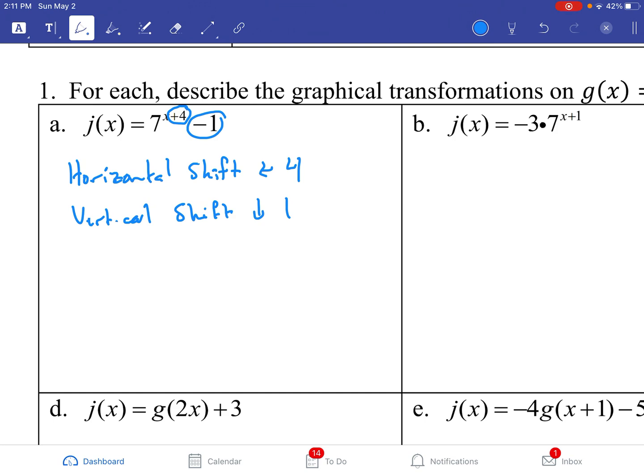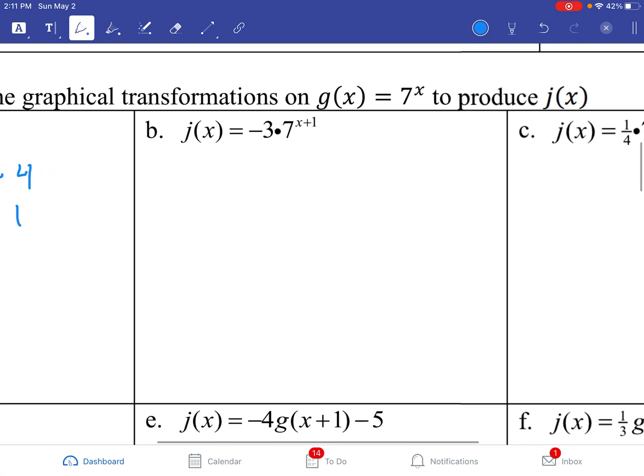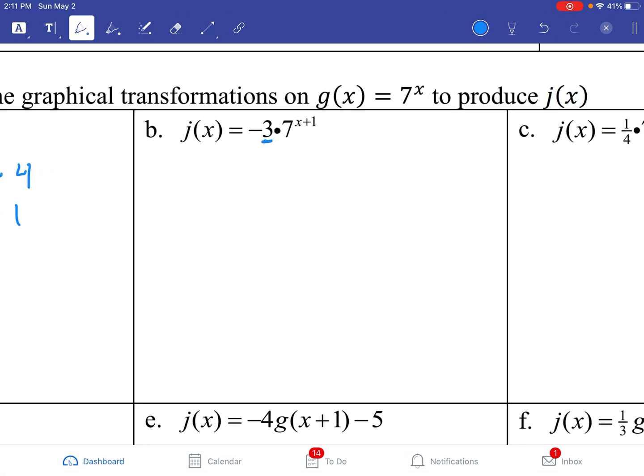Okay. The 7 is the base, so that doesn't change anything. That is not the vertical compression or stretch. That is the base. The 7 is the base. So you see that when we do part B. So 3 is now going to be a vertical stretch, because it's being multiplied in front of the 7, which is the base.